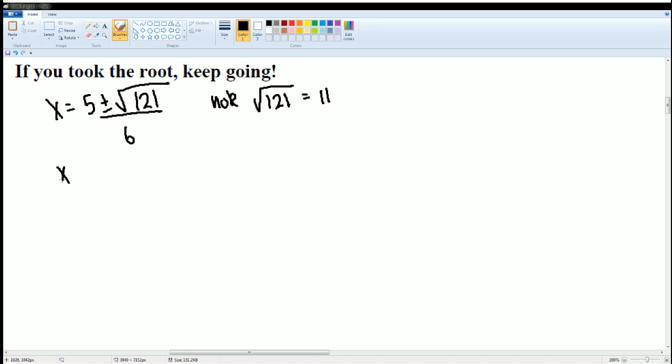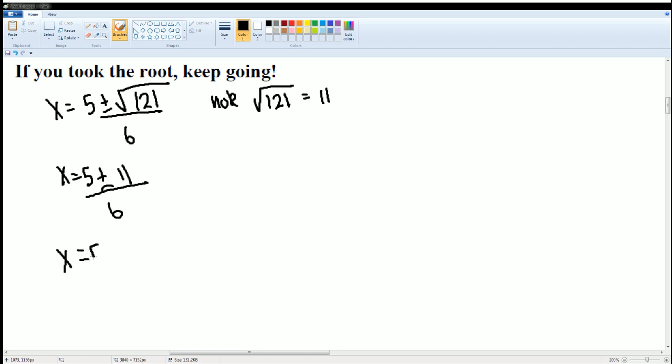So it's no longer square root 11, it's plus or minus 11, and we're going to divide that by 6, because the square root of 121 is equal to 11. That square root disappears. There are two answers here.